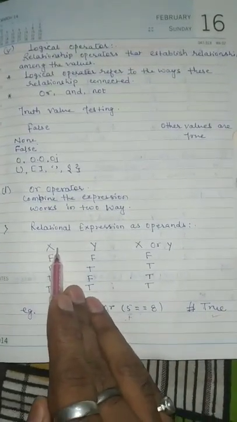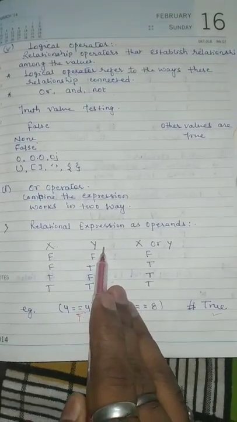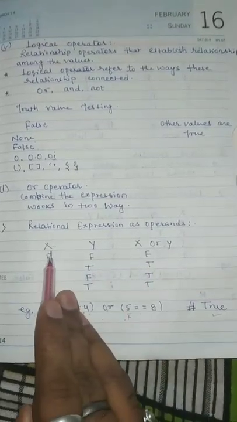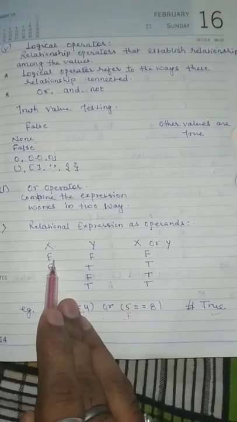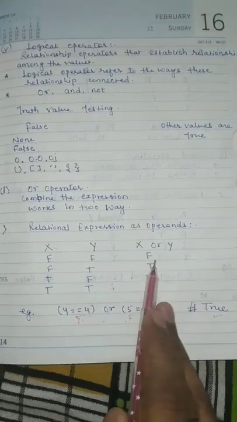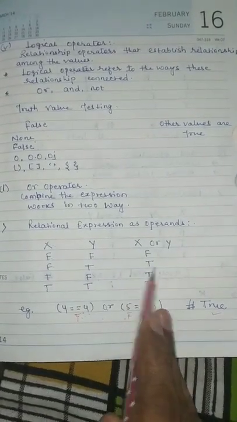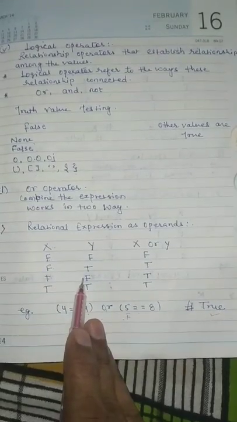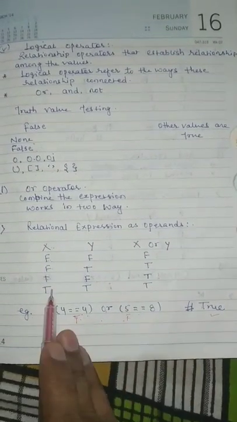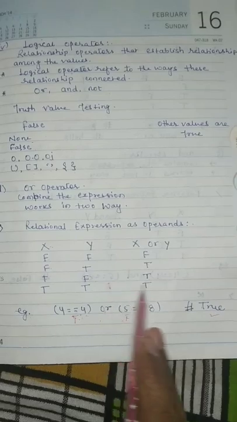Here one condition is x, second condition is y. If the first condition is false and the second is false, the output will be false. First false, second true, output true. First true, second false, output true. First true, second true, output true.